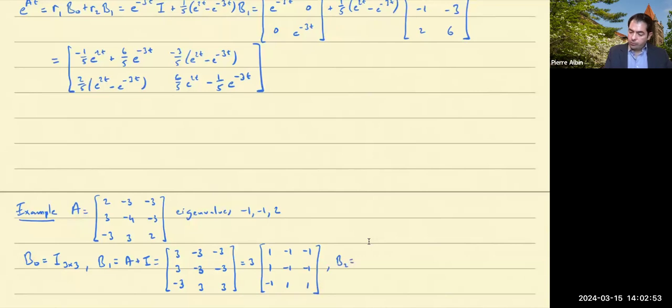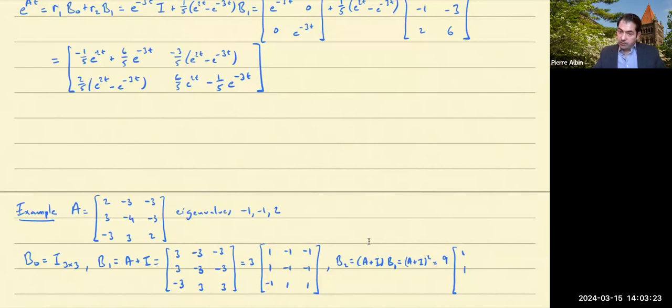Then B2 would be A plus the identity times B1, right, which is the same as (A plus the identity) squared, right? So that 3 squared gives us 9. And then this matrix, when we square it, we get 1. And then, right, to find this entry, we do this times this, and we get 1.